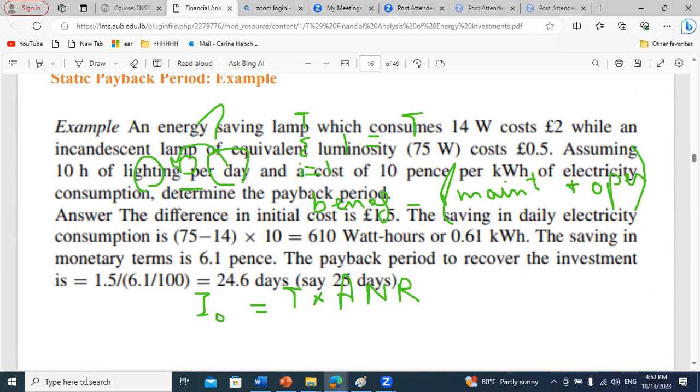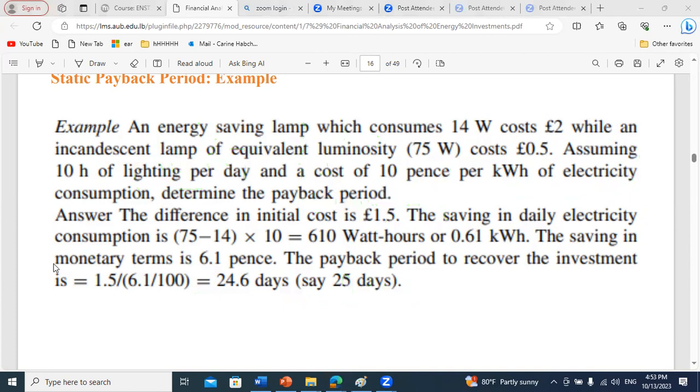For example, consider the following case: we have two lamps, one that is a conventional one, and one that is characterized by high energy savings. And we want to compare which one is better and what is the time to pay back the cost of it. And of course, the lamp characterized by high energy savings will have a larger price.